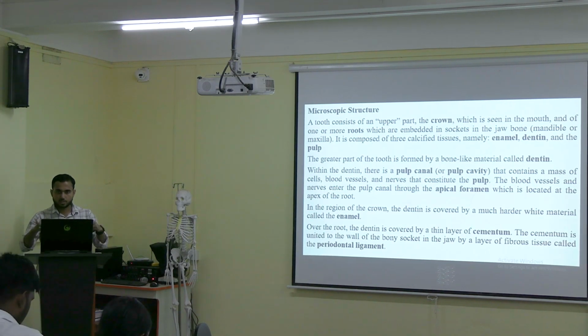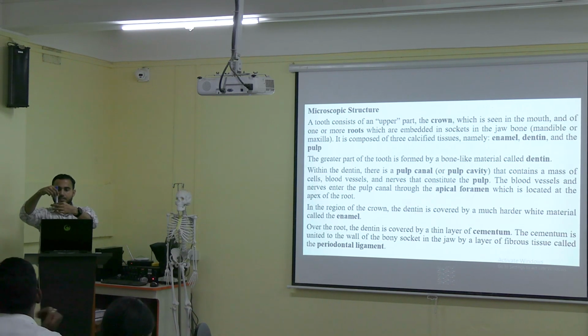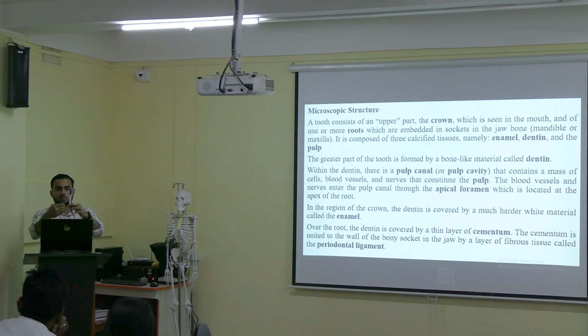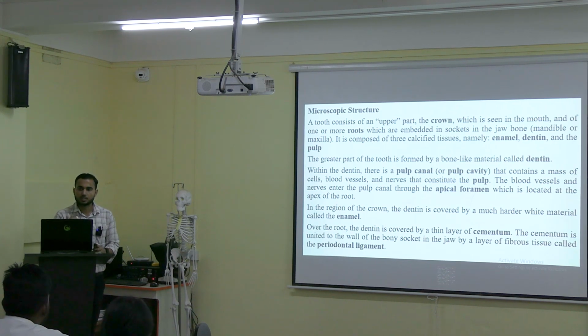Suppose this is the tooth inside the alveolar socket. From this side and this side, both sides, the fibers of the periodontal ligament attach the root of the tooth. Unless you cut those attachments, you cannot take it out, or you have to tear it in order to take the tooth out from the alveolar socket.